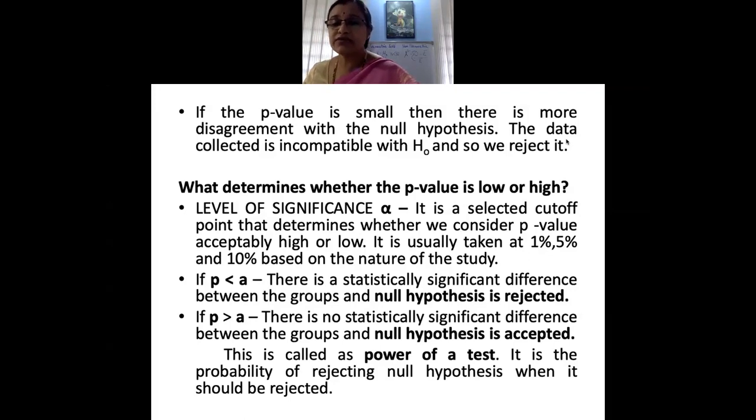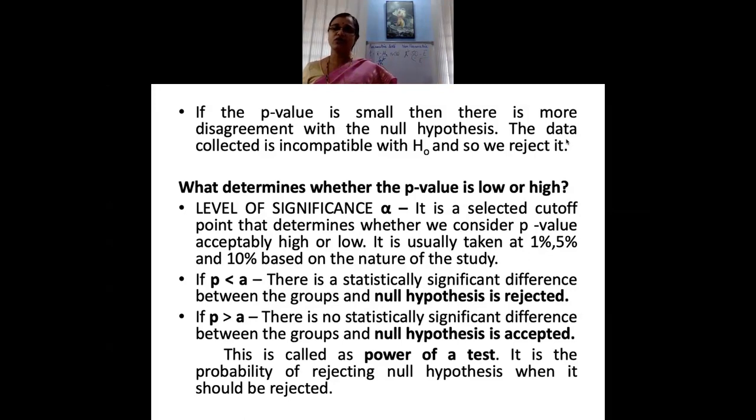Okay, I'll just give you another example. Let us say attendance of the students and the marks scored. I want to know whether there is a relationship between the marks scored and the attendance of the students. I say that there is no relationship between the attendance of the students and the marks scored. No relationship.